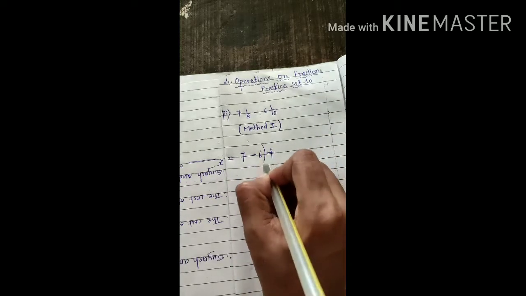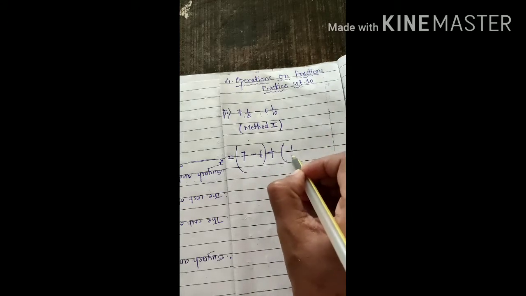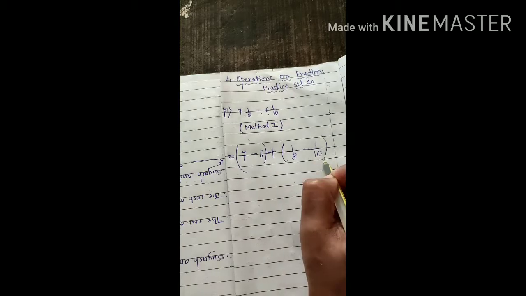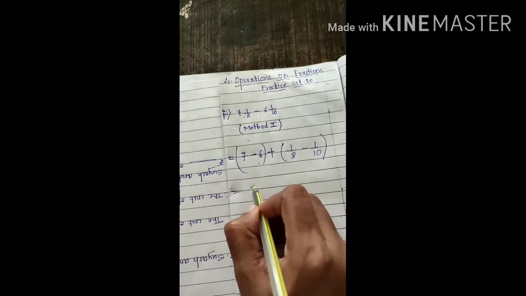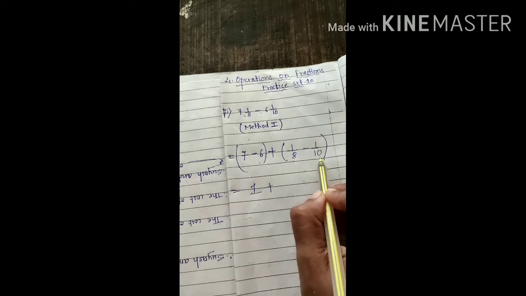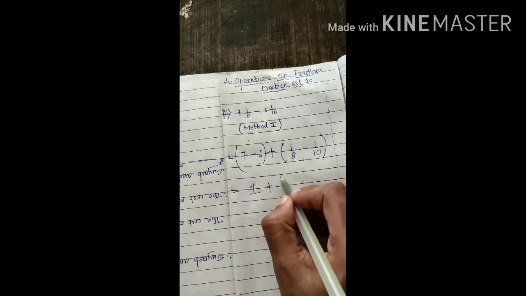Then you subtract this fraction 1 upon 8 minus 1 upon 10. Okay, so 7 minus 6, how much? 1.